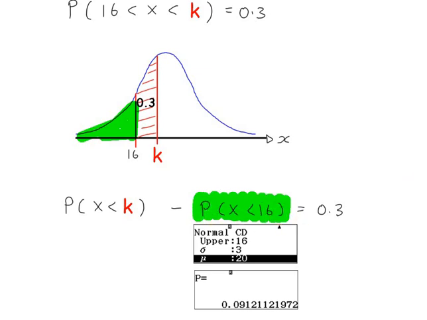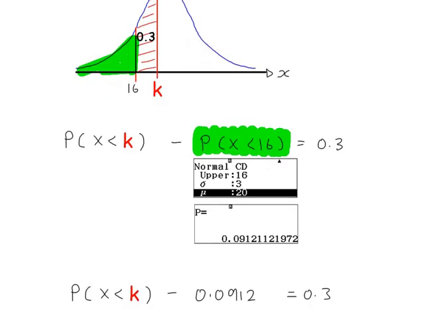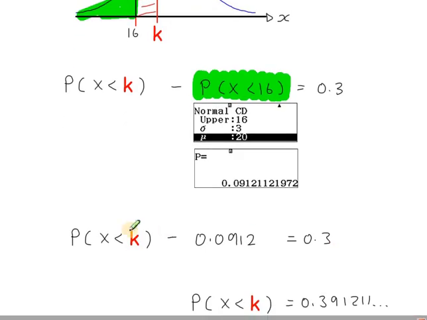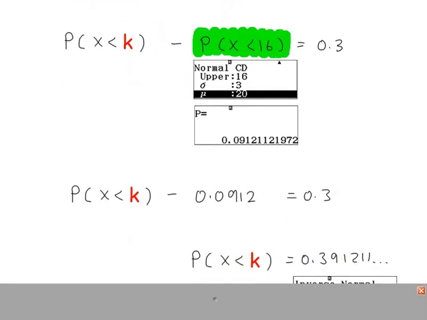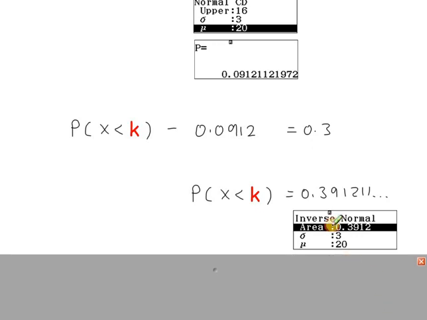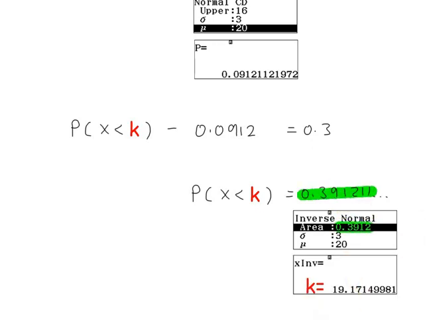So if we just substitute that value into the equation here, the probability that x is less than k can be calculated next, which is this, just simple rearrangement there. And now we can use the inverse normal distribution because the probability is shaded to the left of this unknown value. The cumulative probability is here, inverse normal, and that value's there, and we work out the value of k.